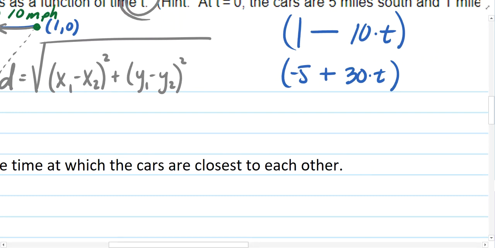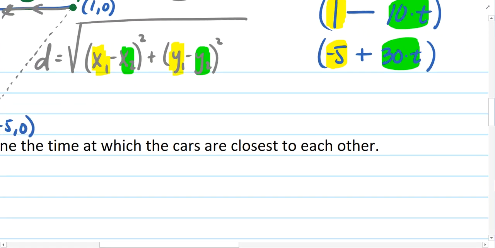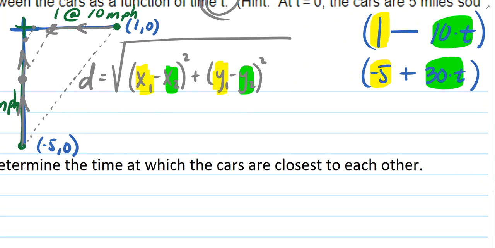So if we imagine x1 and y1 as our starting positions, 1 unit positive, meaning 1 unit to the right of the origin, 5 units negative, meaning 5 units below the origin, and then x2 and y2 being the new positions as time passes, -10t for one car and the corresponding expression for our other car here. Those represent our two coordinates inside the distance formula. We're going to run out of room fairly quickly here, but at least we can make the substitutions and then simplify off to the side of the screen.